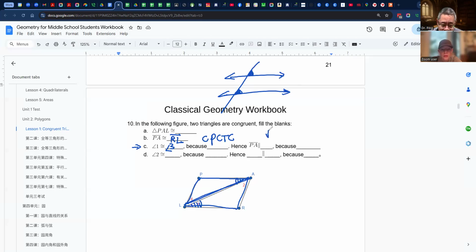Now, therefore, PA, which is the top line, is parallel to what line? So PA here is parallel to what?